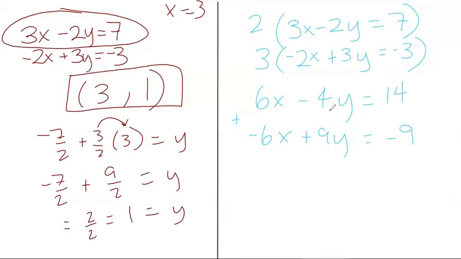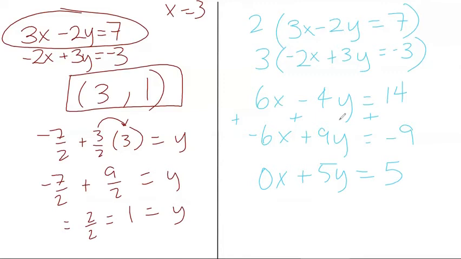So 6x plus a negative 6x is equal to 0x. Negative 4y plus a positive 9y would get you a positive 5y, and this would equal 14 plus a negative 9, which is the same thing as 14 minus 9, which is equal to 5.